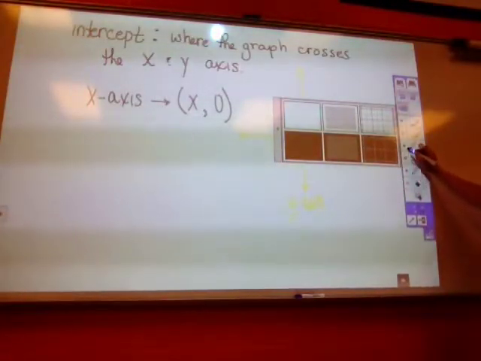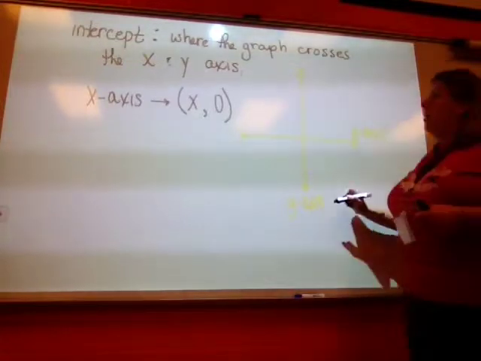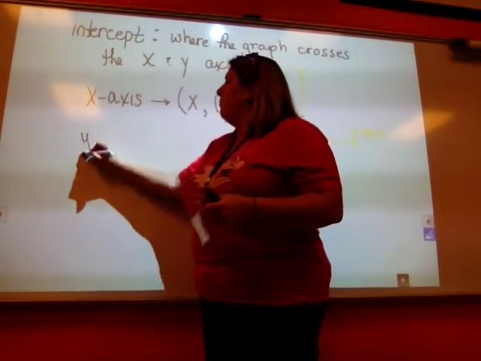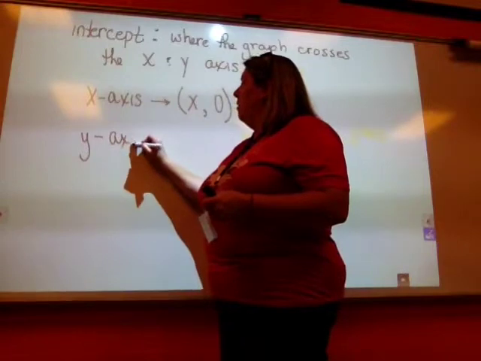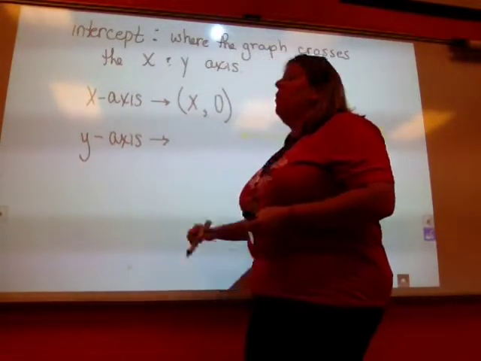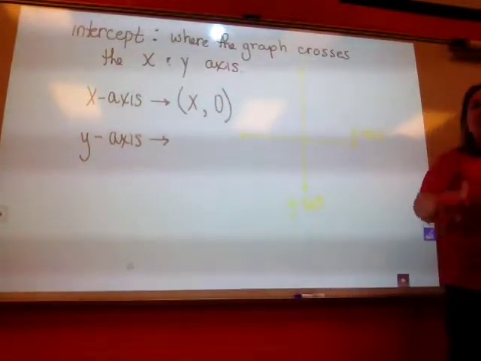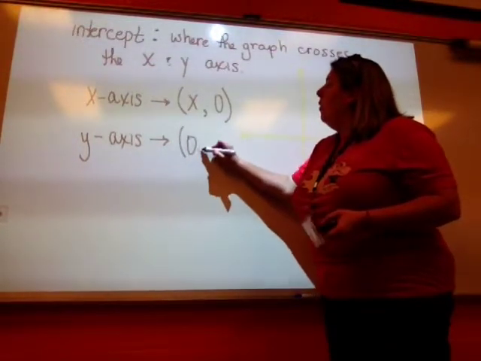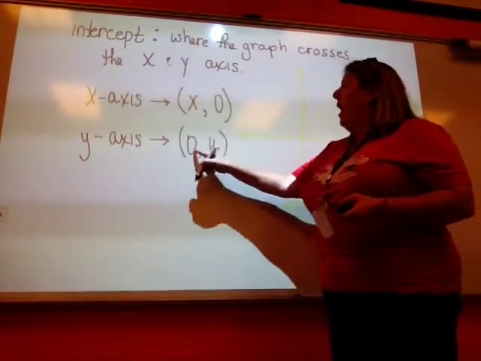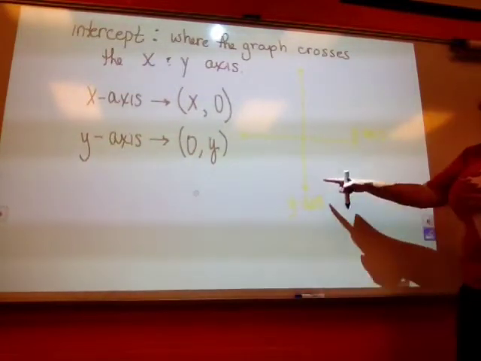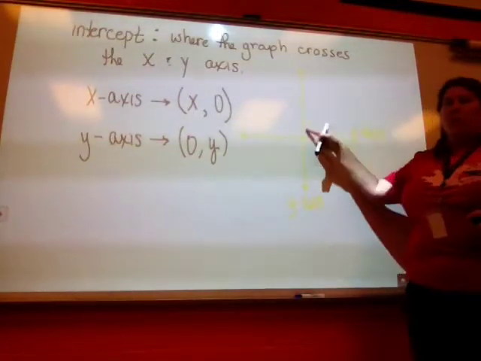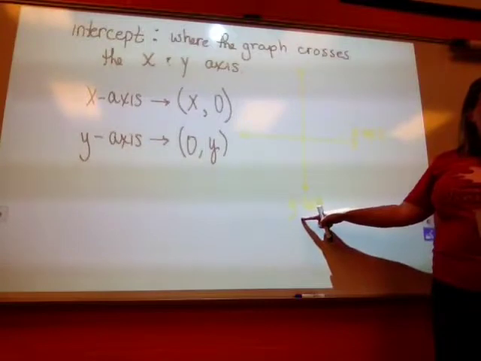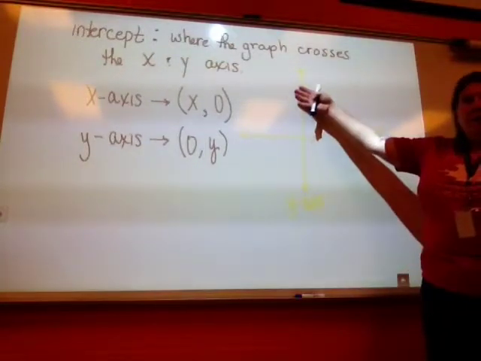So then if I look at my y-axis, what would my ordered pair be for my y-axis? Yes, sir? 0, y. Because 0 is always going to be your x. So anywhere on this y-axis, x is going to be 0.